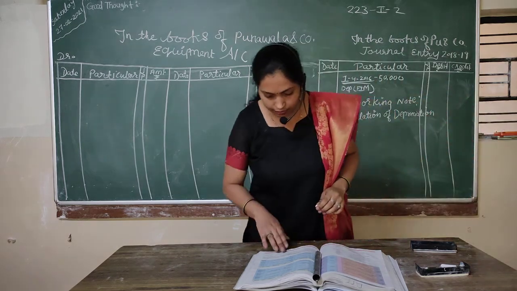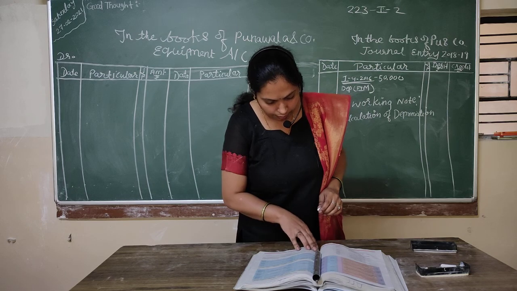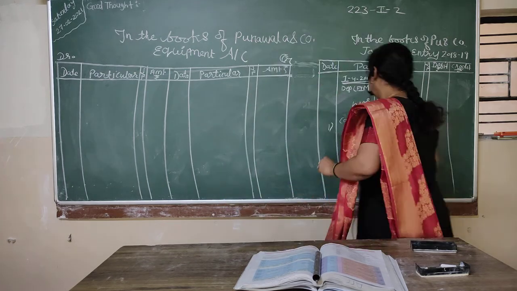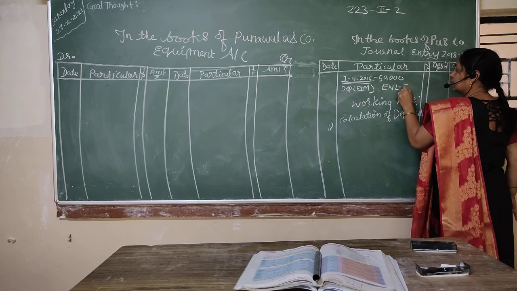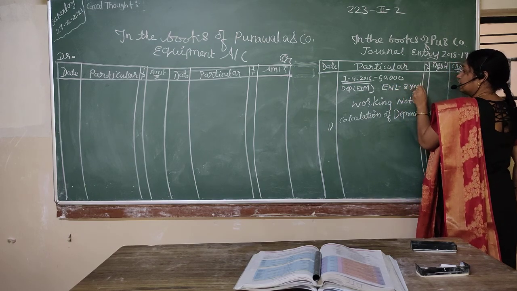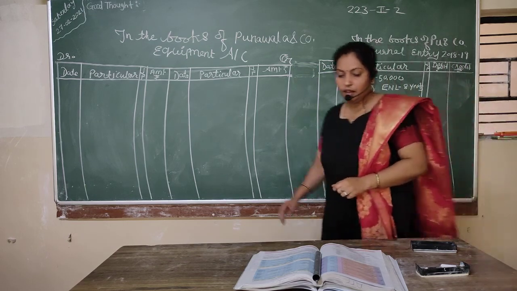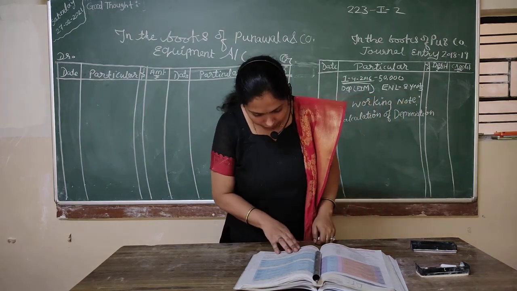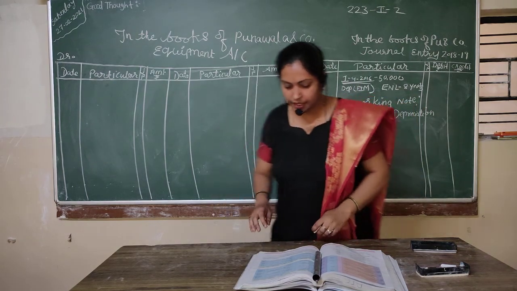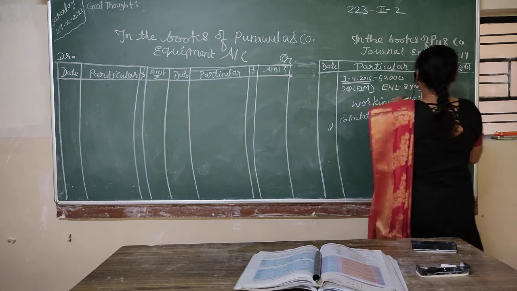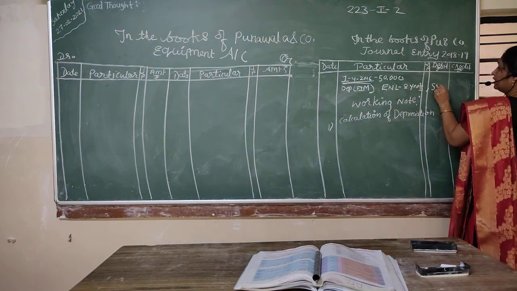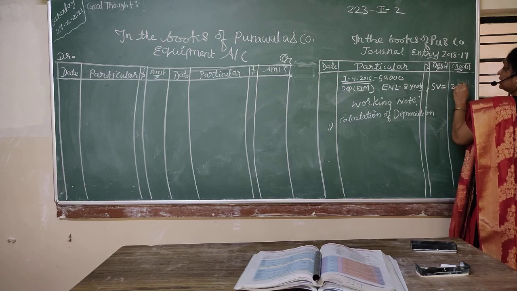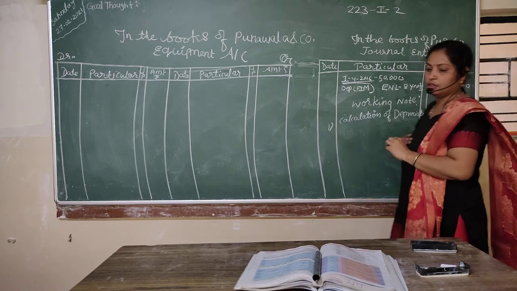After that, they have given the estimated working life of the equipment as 8 years. And after that, the scrap value, SV, is estimated at 2000 rupees.